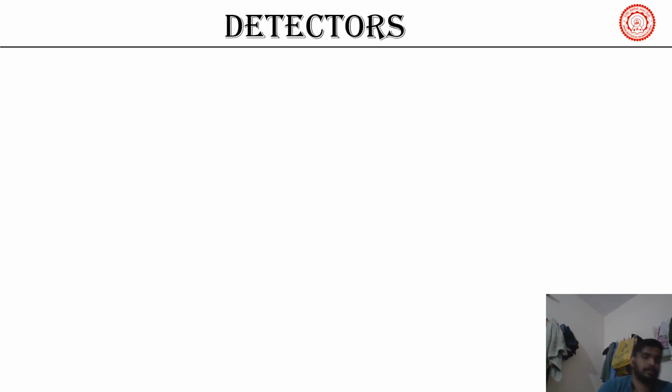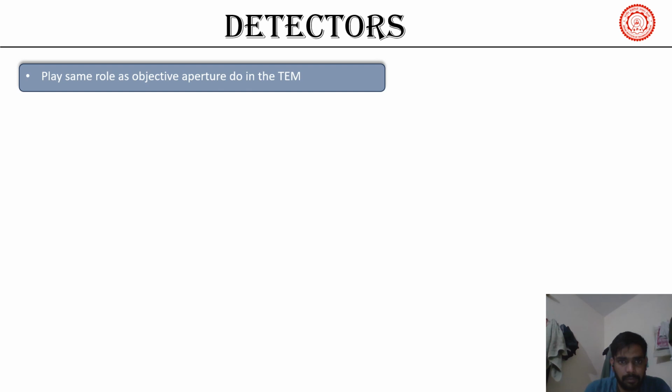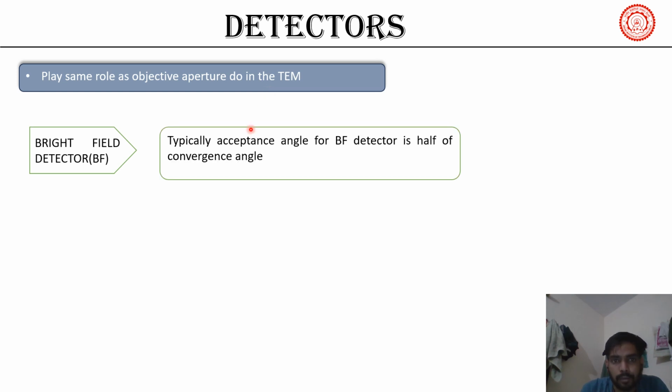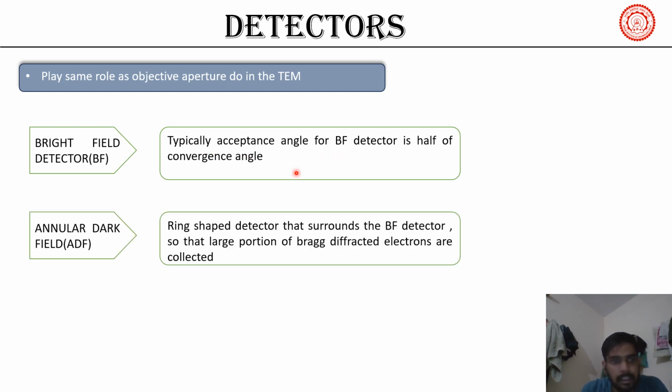There are many types of detectors used in STEM. So what is the role of a detector? Basically, it plays the same role as the objective aperture does in the TEM. The first one is the bright field detector. Typically, the angle of the bright field detector is half of the convergence angle. The second one is the annular dark field detector.